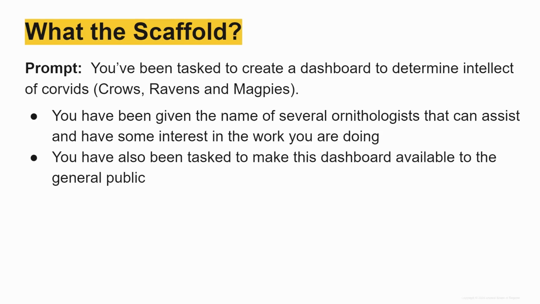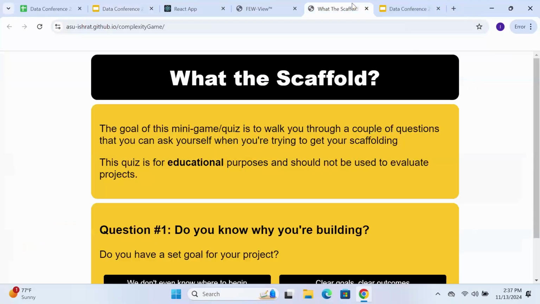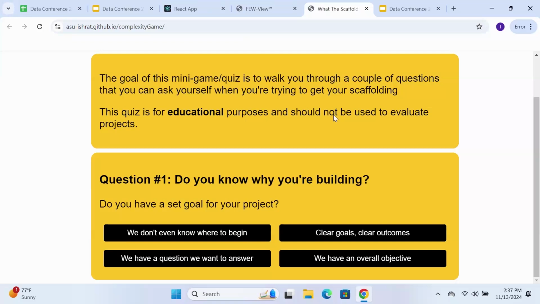And you don't have a data set yet, but you've been given the name of several ornithologists that can assist. Ornithologists are individuals who study birds, and they have an interest in the work you're doing. They're invested, they're bought in. You've also been tasked to make this dashboard available to the general public. All right? So let's do this.